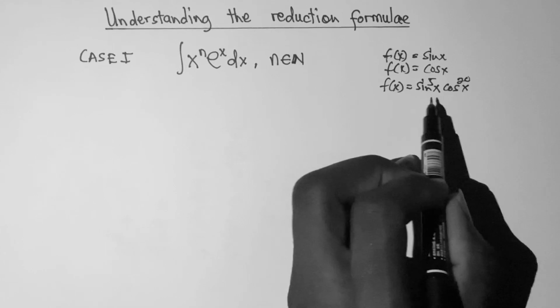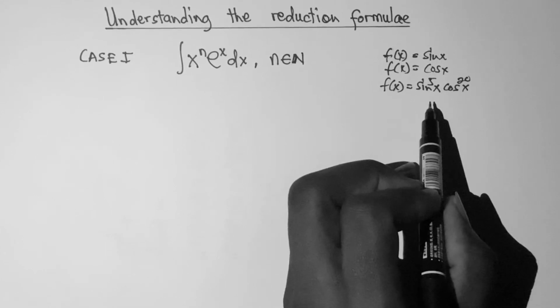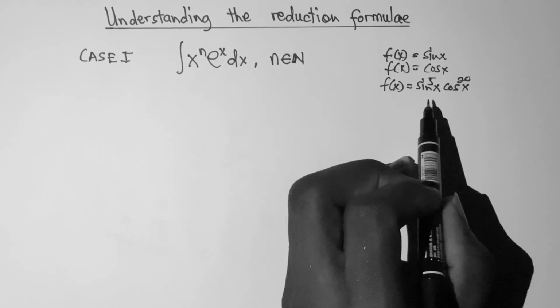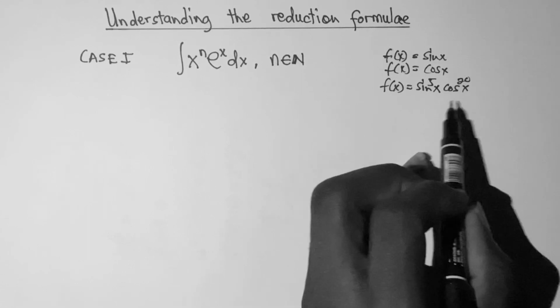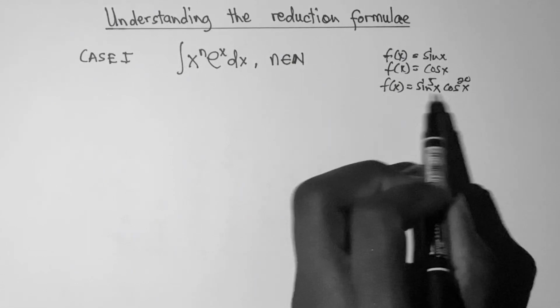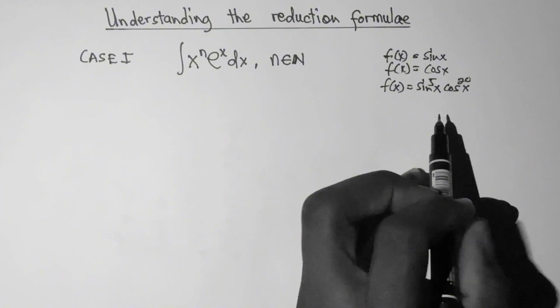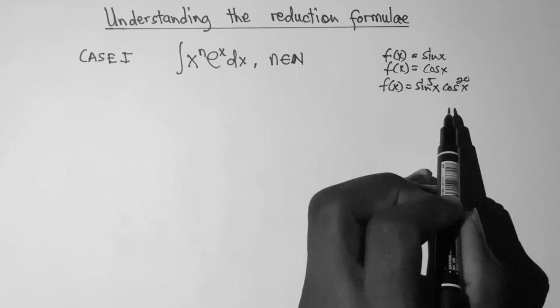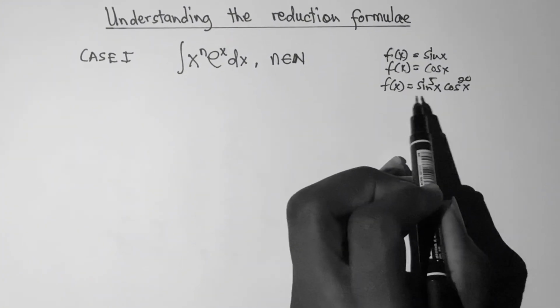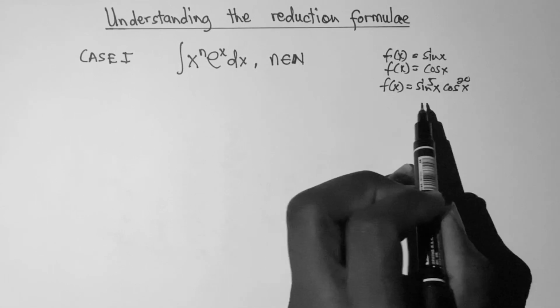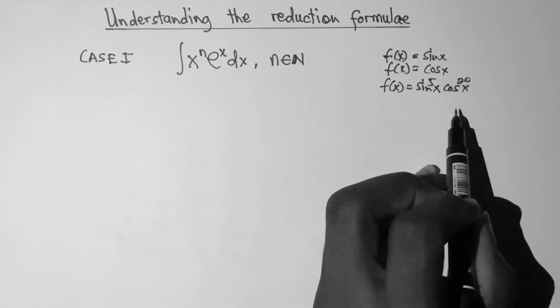So the reduction formula is a formula that is able to encapsulate all other types of the same problem that will arise. If we get higher powers, we are able to use a reduction formula to reduce it to the barest minimum and do the integration.